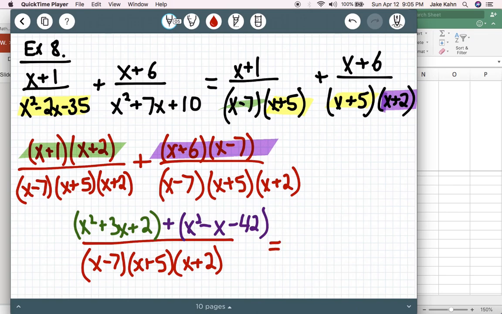First, we have x squared plus x squared, which is 2x squared. Next, we have 3x plus negative x, which is positive 2x. Finally, we have 2 plus negative 42, which is negative 40.